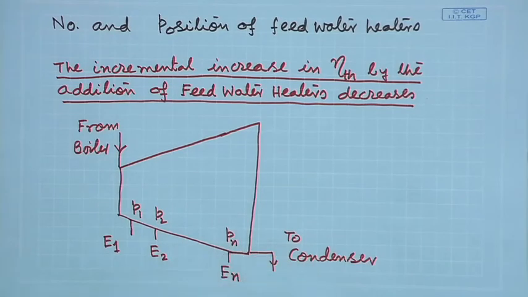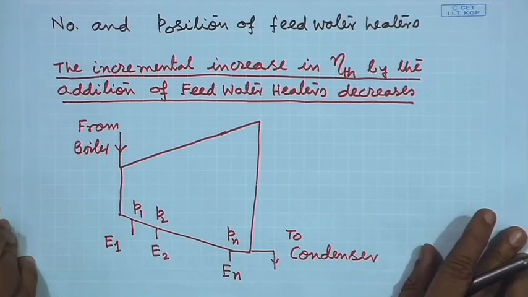In between I have got other extraction points. So, how should I decide regarding P1, P2, Pn etc. for a good plant design? So, without going into derivation, this can be derived, but without going into derivation, let me explain how it is done or how ideally it could be done.